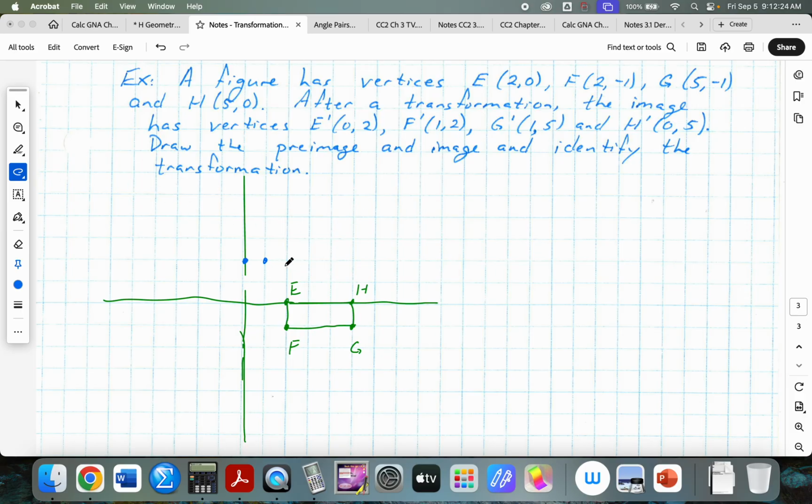G prime is at 1, 5. And H prime is at 0, 5. So E prime is here, F prime is here, G prime, and H prime.